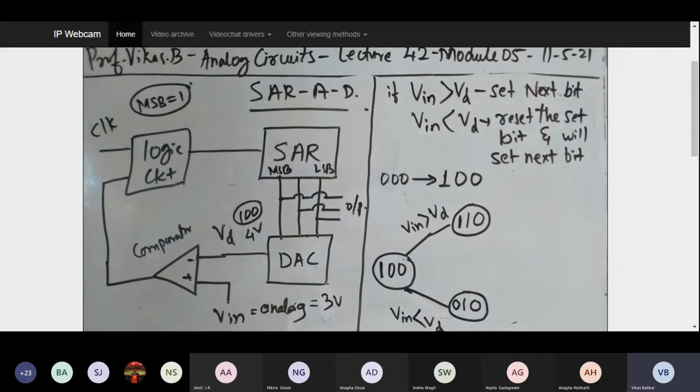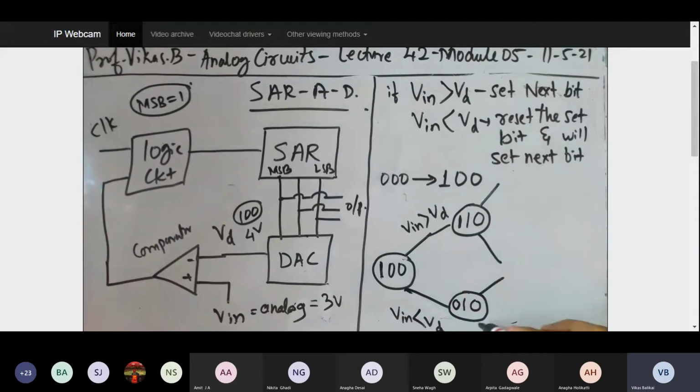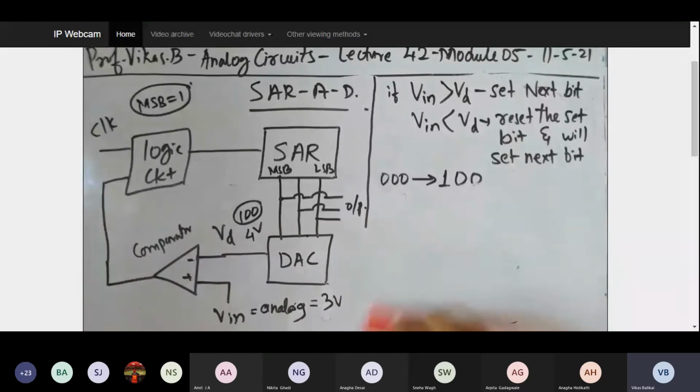Right? Now this condition keeps on continuing. So let's try to do it for the next condition. Again for these I'll be having 2 voltages. So I'll try to draw it in a small manner.